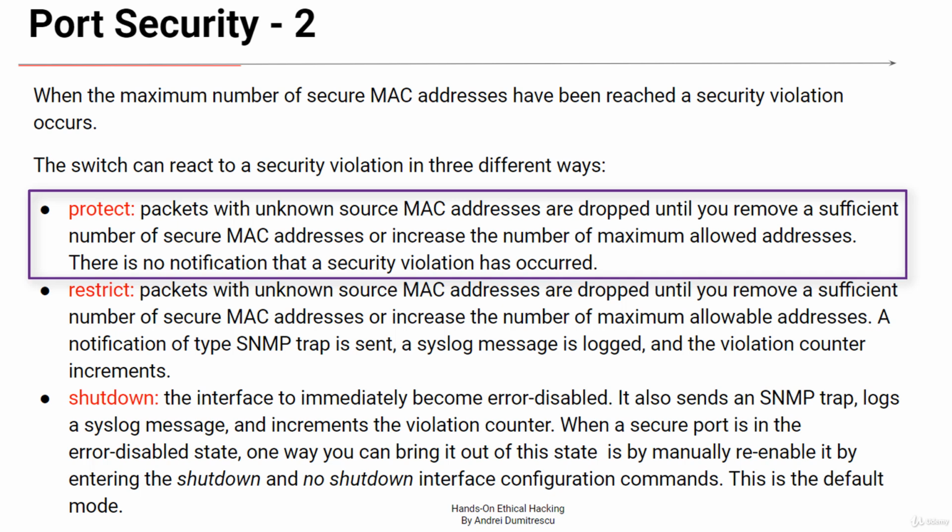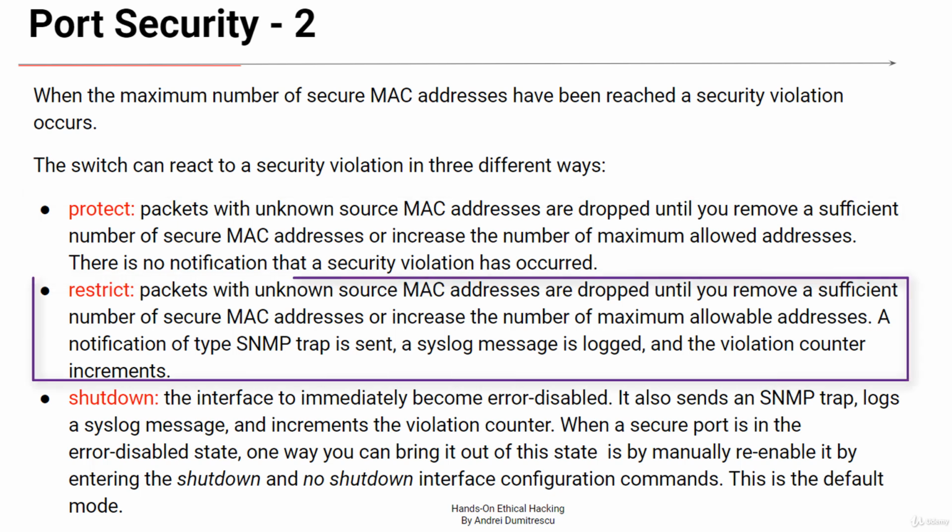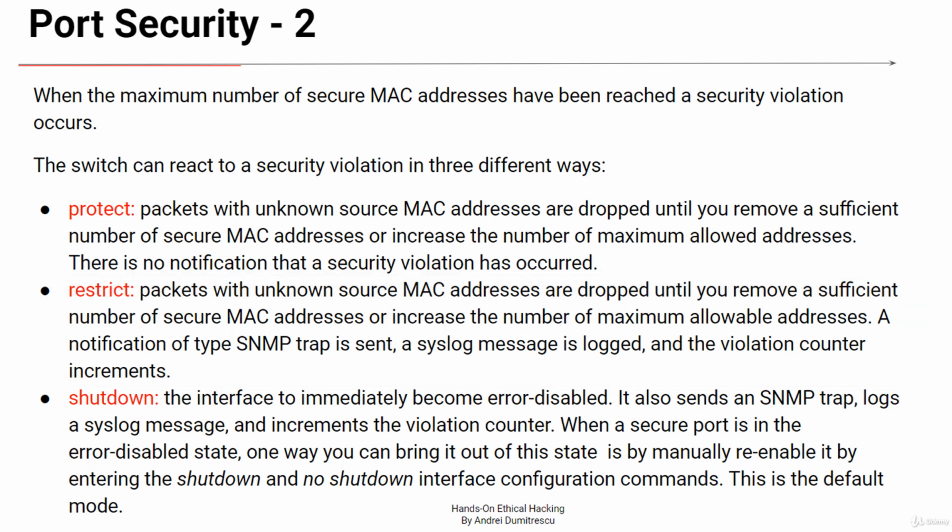There is no notification that a security violation has occurred. Then, restrict is the same as protect, just that a notification of type SNMP trap is sent, a syslog message is logged, and the violation counter increments.